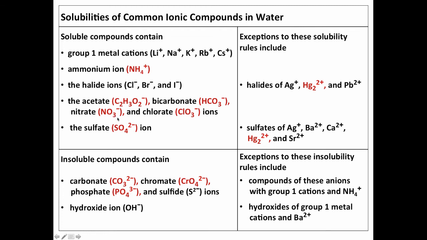They're soluble. And then just also to note, this wasn't the example, but carbonates, chromates, phosphates, and things containing sulfide ion, those ionic compounds are generally insoluble, but there are some exceptions, and then same with hydroxide.